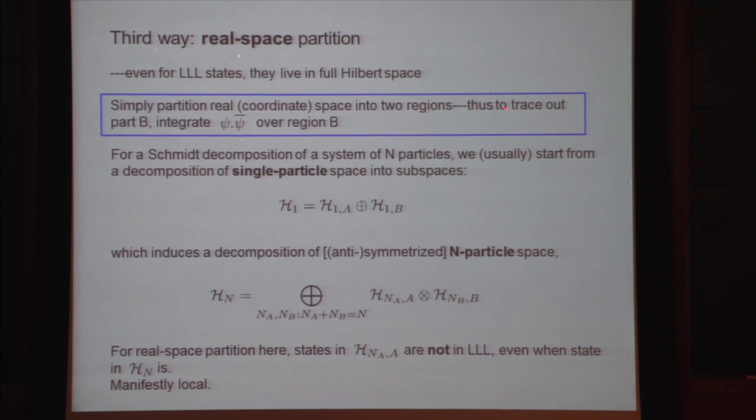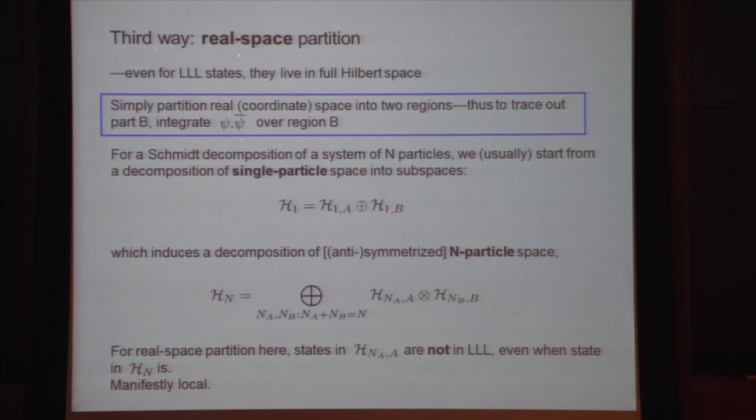And that means in terms of wave functions that if I want to trace out part B, I'm going to be taking some wave function times its conjugate, and I just integrate over, the coordinates are going to be put equal, and I integrate over region B. Just integrate them out. So that will give a reduced density matrix.